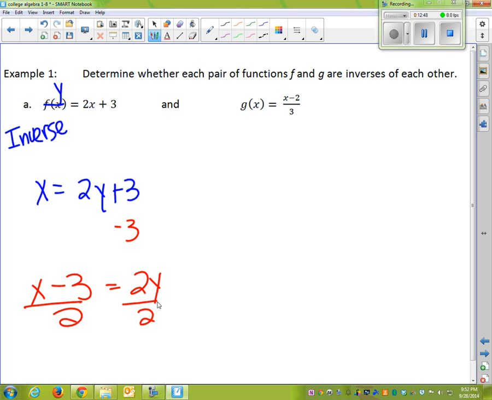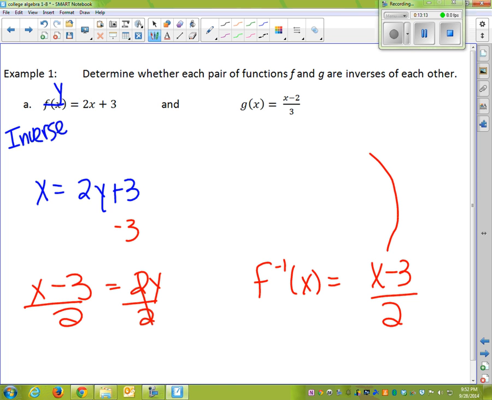Are those the same functions? See how y is by itself now? So the inverse of the first one is x minus 3 over 2.